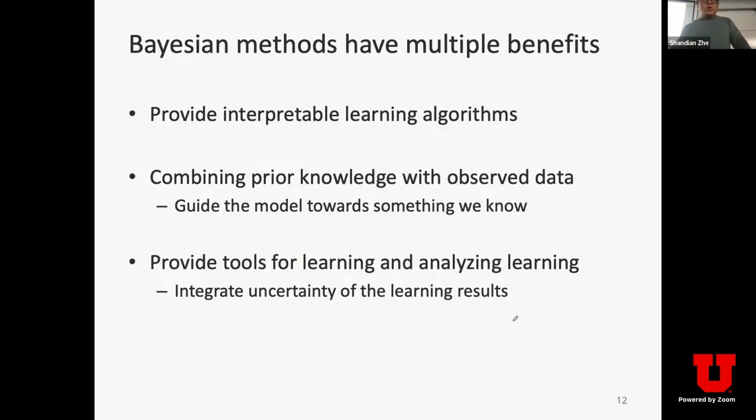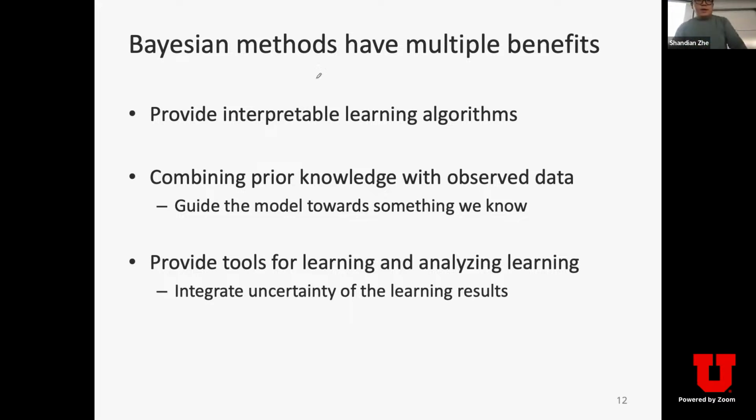So why do we choose such a Bayesian framework to formulate hypothesis searching? It provides an interpretable learning algorithm. Why? Because you can assign the prior distribution, which encodes your prior knowledge, your rules of thumb, your preferences, whatever. So it injects some meaning.